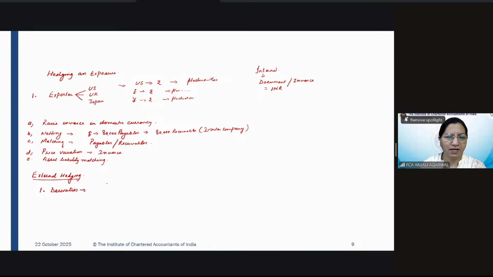Now, derivatives are something which derive their value from an underlying asset, right? So the most popular derivatives are forwards, futures, options, and swaps.